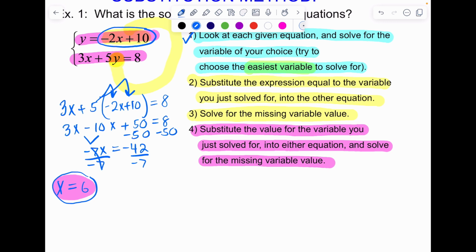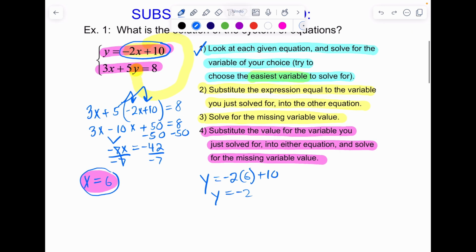So in this particular case, I'm going to use the first equation, which was y equals negative 2 times x, which is 6, plus 10. So that's negative 12 plus 10, so y equals negative 2. So my solution in this case is 6, negative 2.